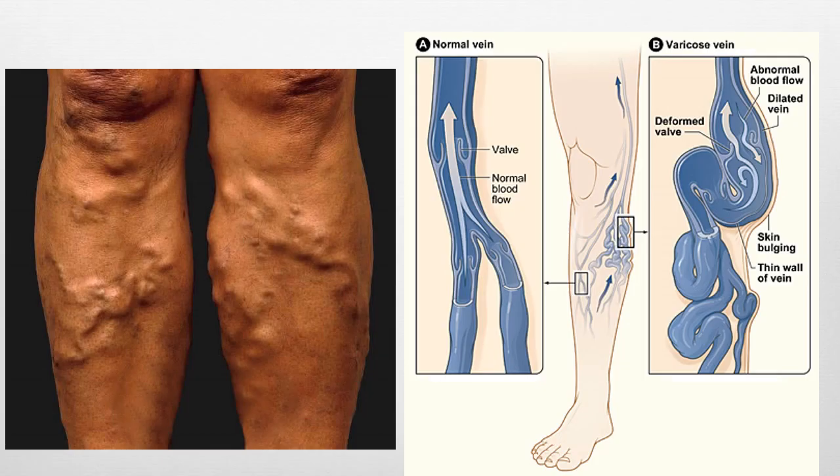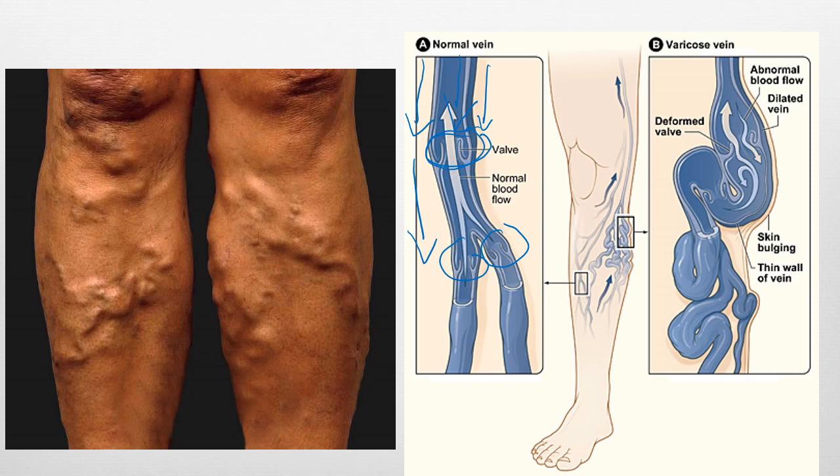Varicosities occur when the valves fail. Now instead of having this valve holding back just the blood that's up here, if this valve fails, now these two valves down here have to hold up all of this blood as well as this blood.